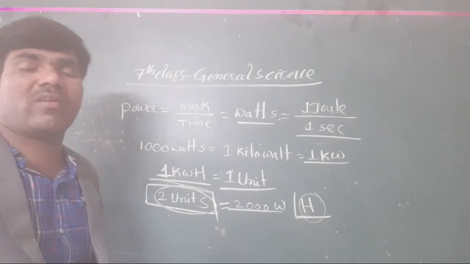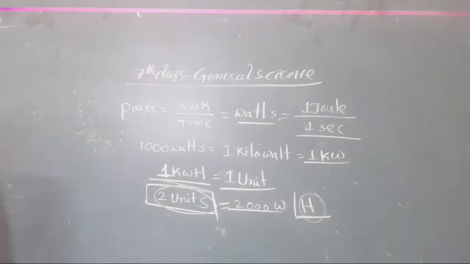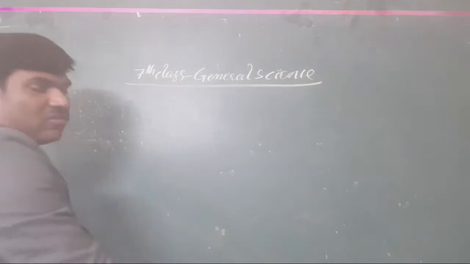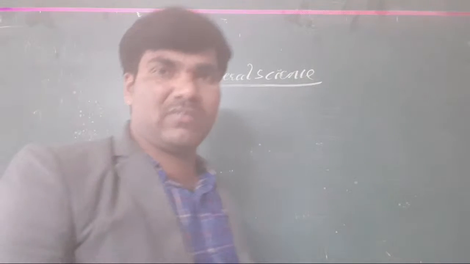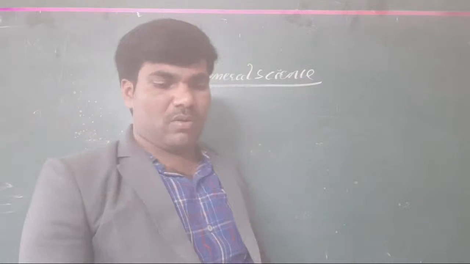Clear or not, all the students? Like this only our current or power measurement is taken, and for a unit there is a charge. That charge is multiplied with these units, and that will be our current bill. Clear or not, all of you?